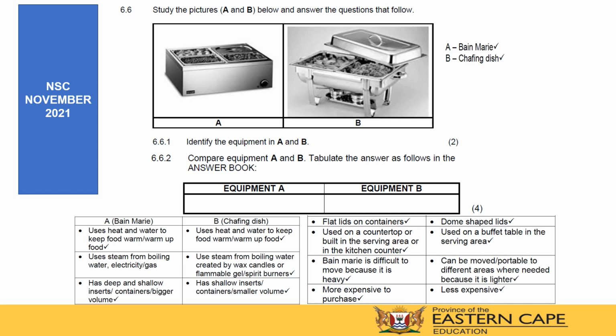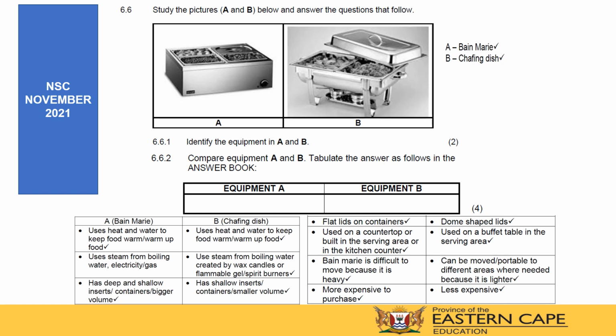And then if you continue, the bain-marie has got flat lids on containers, whereas the chafing dish has got the dome-shaped lids. With the bain-marie, it is used on a countertop or built in a serving area or in the kitchen counter, whereas the chafing dish is used on a buffet table in the serving area.